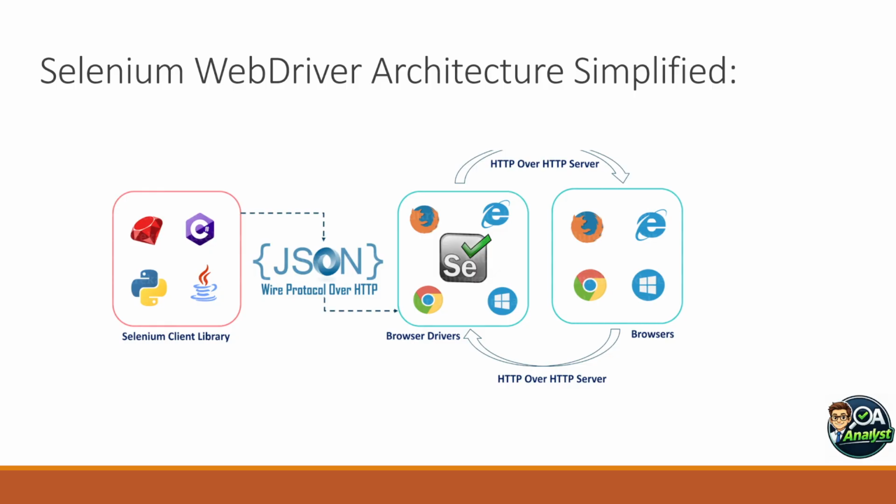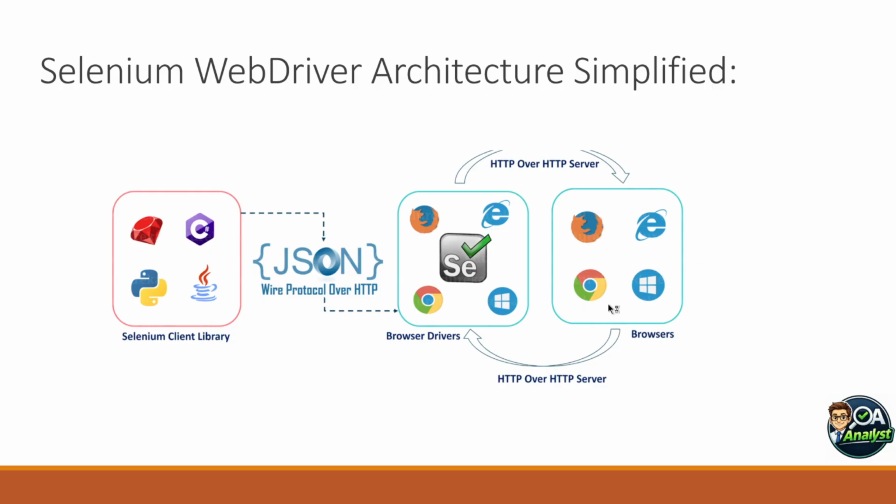So it comprises multiple components: the Selenium client library, browser drivers, JSON wire protocol over HTTP, and then the actual browsers. In the client, we can select the language for coding, anything from Python, Java, Ruby, C Sharp. For the browsers, we have Firefox, Chrome, Microsoft Edge, and Internet Explorer as well.